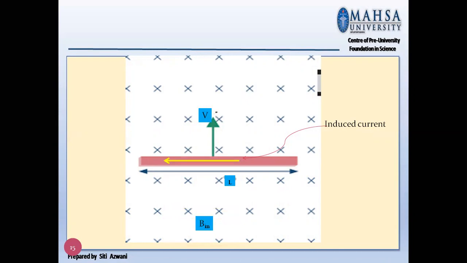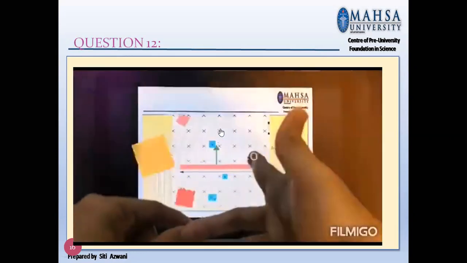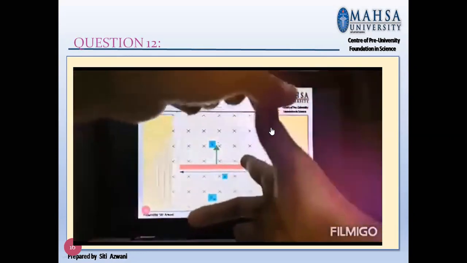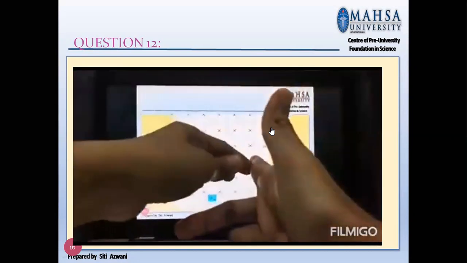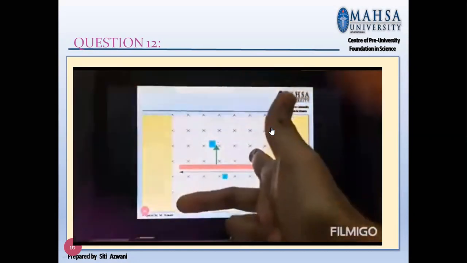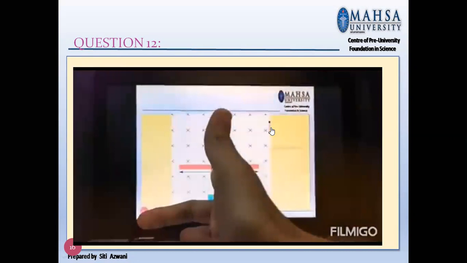The thumb shows the motion of your conductor, the velocity going up.